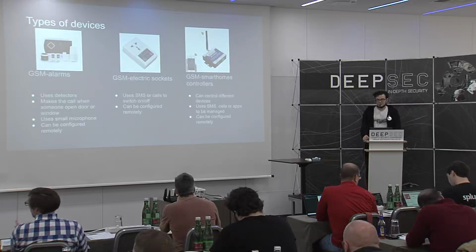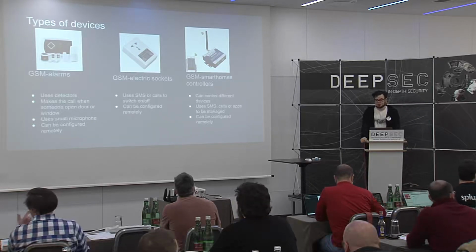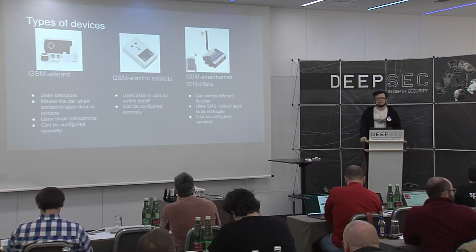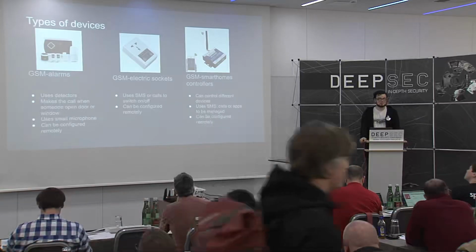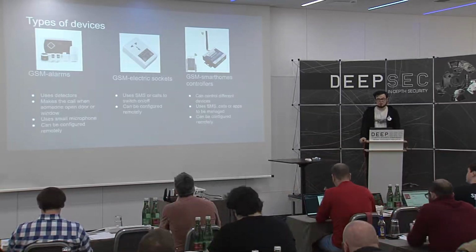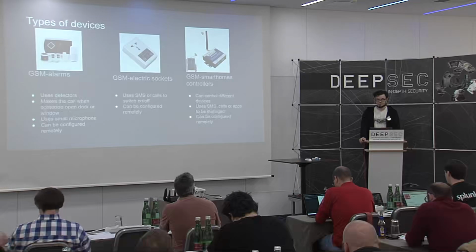Also, we have different GSM controllers for smart home. The idea of a GSM controller for smart home is easy too. You can connect different devices like a heating system, different detectors, or, for example, air conditioners, and then you can send an SMS or make a call to do something.